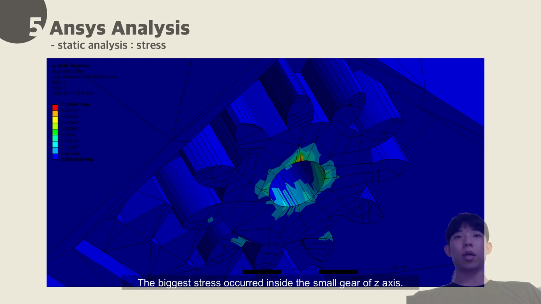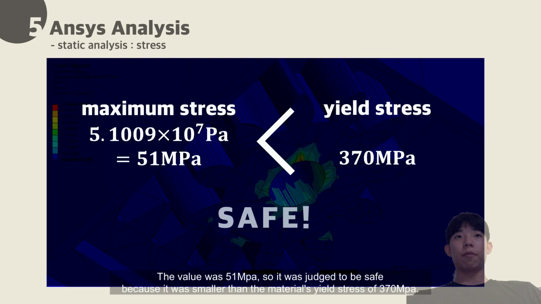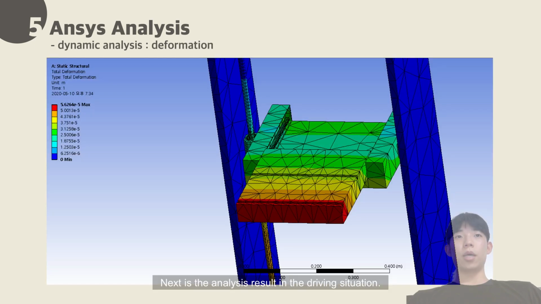The biggest stress occurred inside the small gear of the z chassis. The value was 51 megapascal, so it was judged to be safe because it was smaller than the material's yield stress of 370 megapascal.